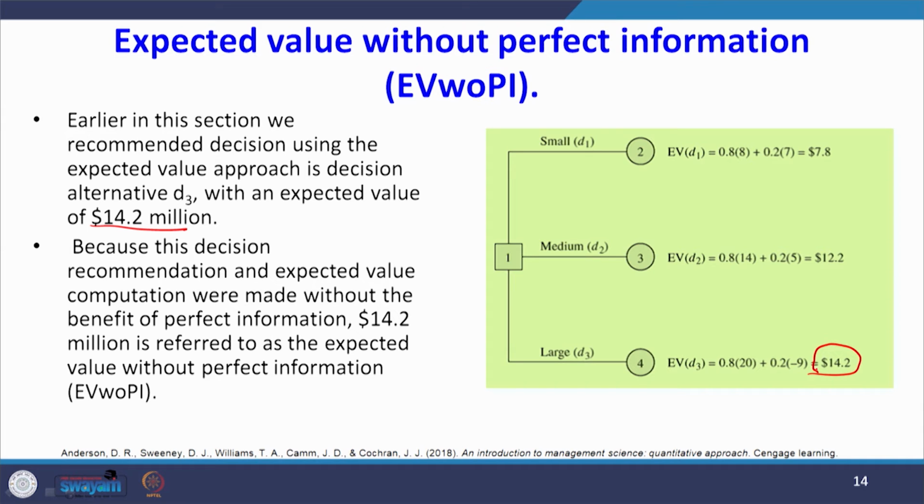So, we did not consider the perfect information. So, $14.2 million is referred to as expected value without perfect information, EVWPI.